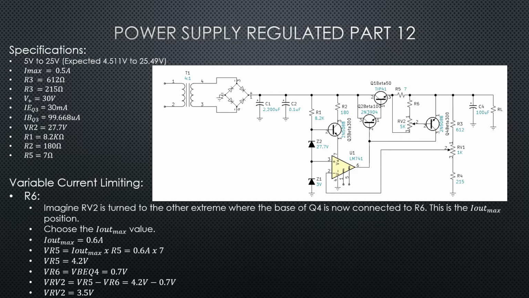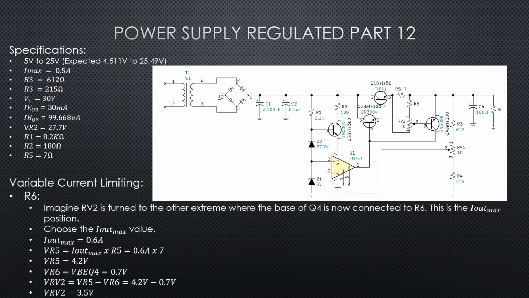So if we've got an I out max of 0.6 amps, that current is flowing through R5. VR5 is that 0.6 amps times 7 ohms, which gives us a VR5 of 4.2 volts across R5. You can see that RV2 and R6 are physically in parallel with that VR5.